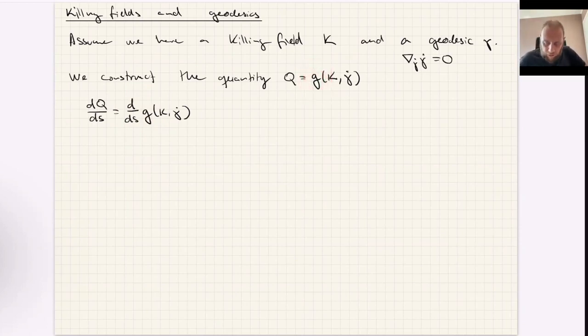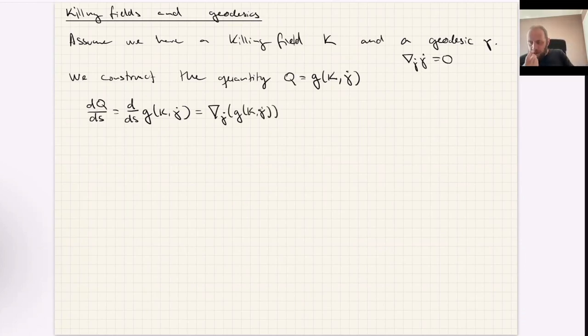So it takes two arguments, two vectors, and maps them to a number. So we take this, which is a scalar, and along the geodesic, we can write d/ds as just the affine connection in the geodesic direction acting on this scalar.